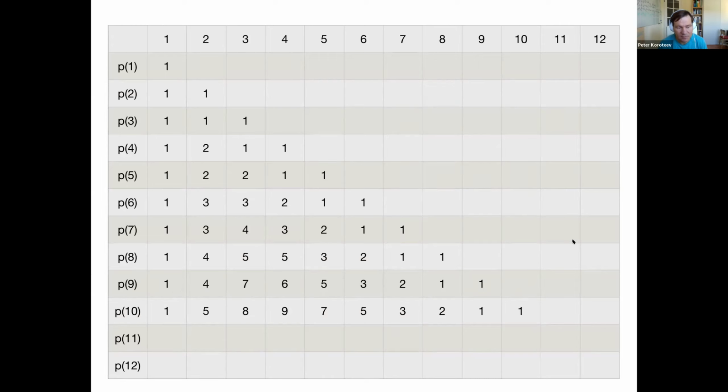Can we predict p11 using this rule? Please fill up the next row in this table using the rule that we just had. So pk of n is equal to pk of n minus k plus p k minus 1 of n minus 1.